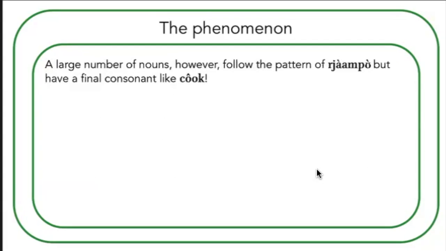However, there are a large number of nouns which follow the pattern of vowel final nouns, but do not have any vowels in their unmarked form and look more like chalk. For example, the word for day, pet, doesn't have a vowel at the end, but in the definite, it has a long U vowel.